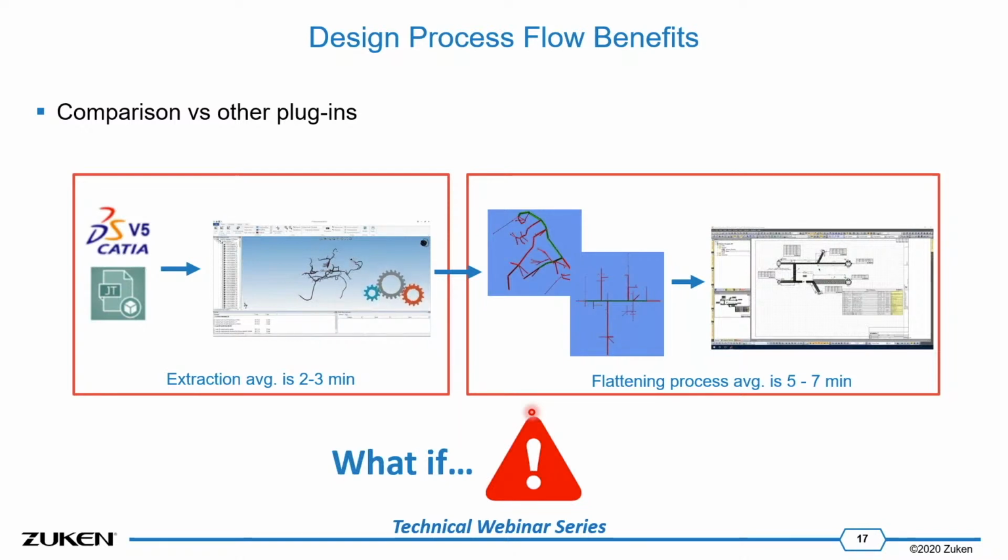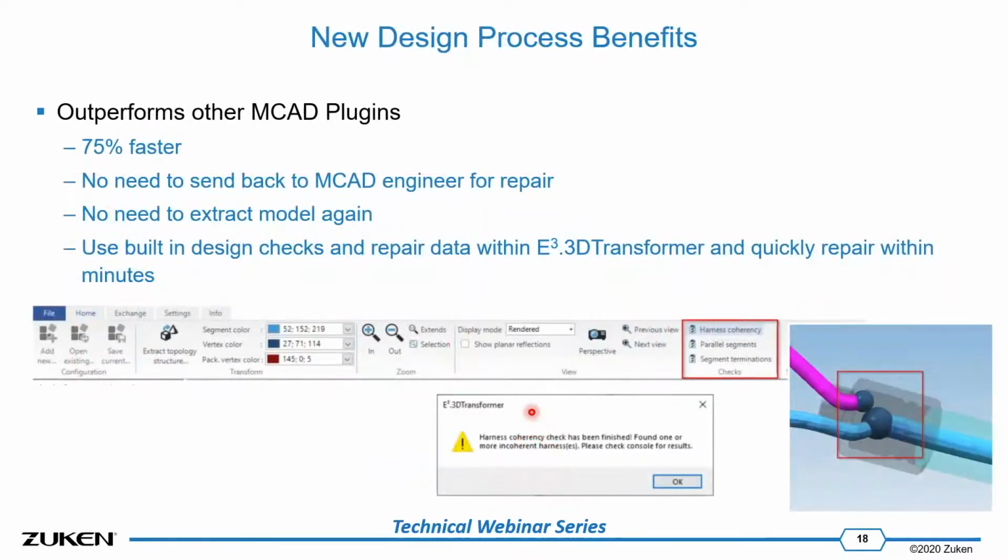Now, the same question: what if we have errors within E3 in that extraction process? What makes E3 3D Transformer outperform these other MCAD plugins is there's no need to send it back to the MCAD engineer for repair, and no need to re-extract the model again. You have these design checks within the tool, and you can fix those on the spot within that same tool.